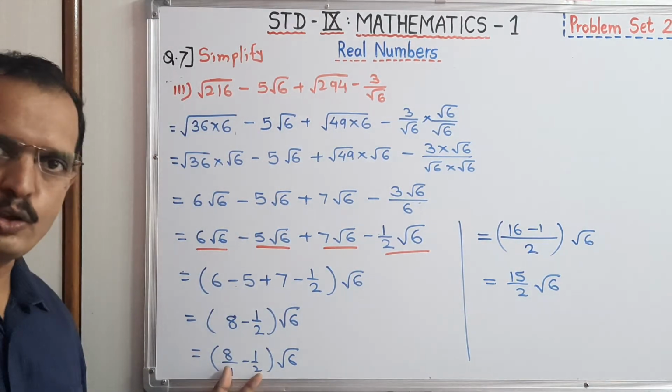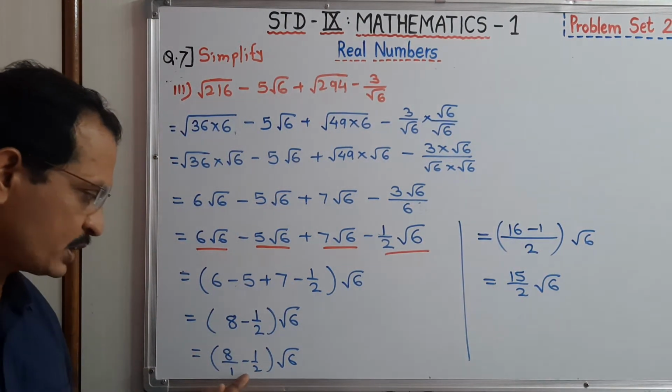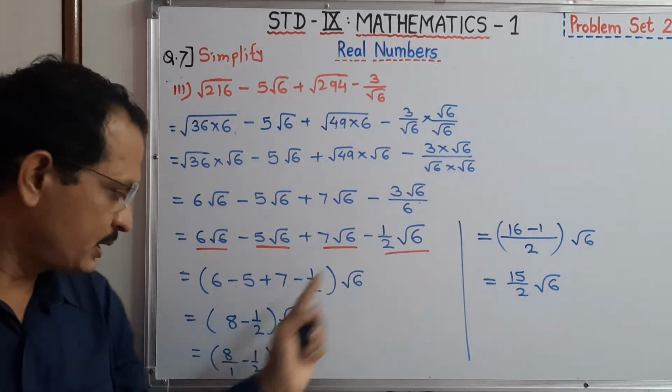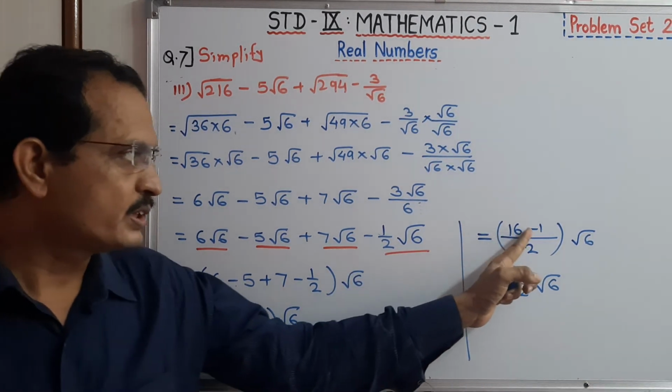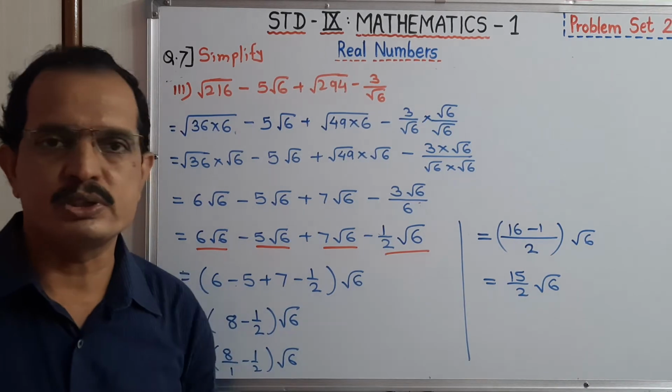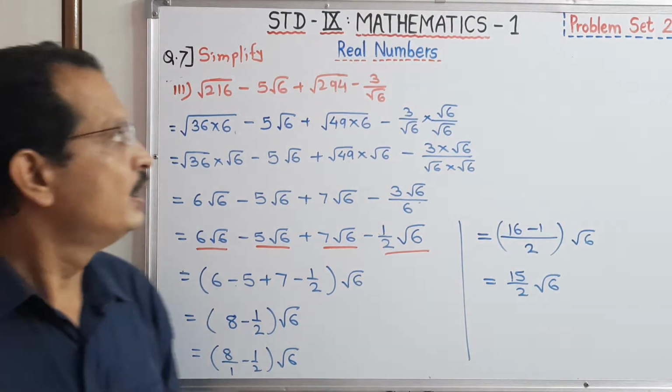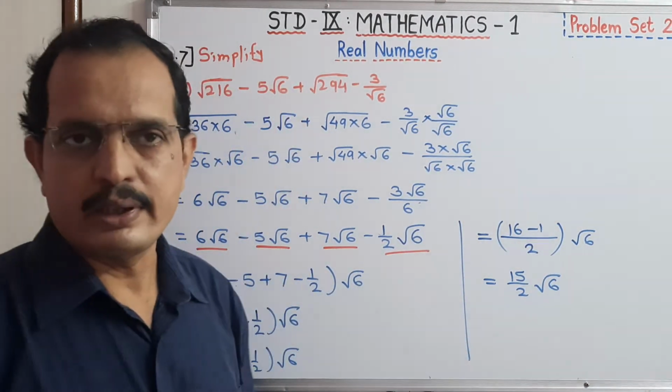Understand this? Denominators are not the same, therefore 2 ones are 2, 8 twos are 16 and 1 ones are 1. 16 minus 1, 15 upon 2 root 6. This is the final answer.